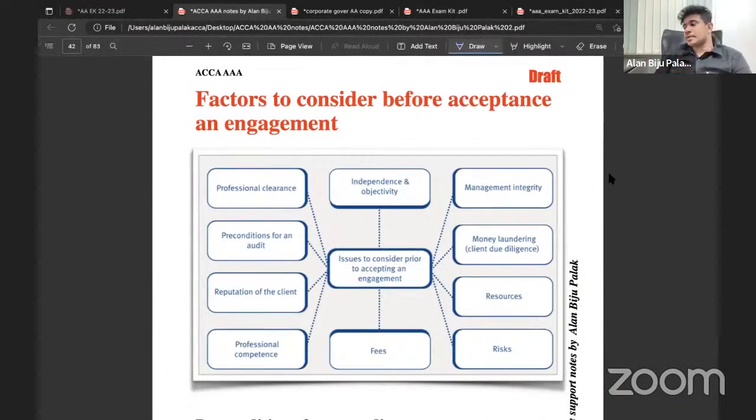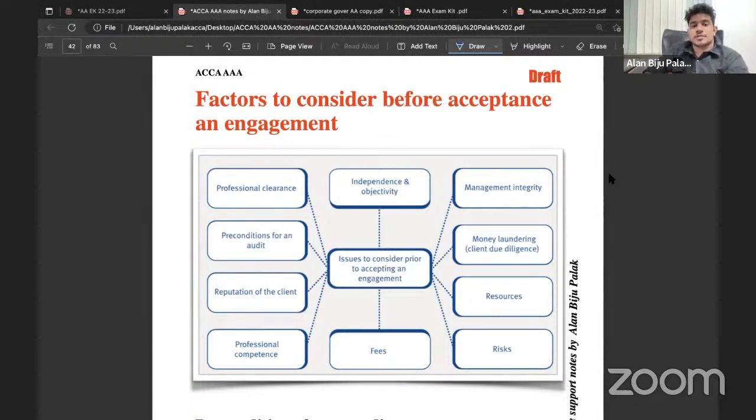It can be an engagement relating to a company's forensic audit, anything. So before accepting a client company's engagement, you need to consider several matters. Only after considering these matters should you consider getting appointed as the client company's auditor, or maybe as a practitioner, in that case as well.